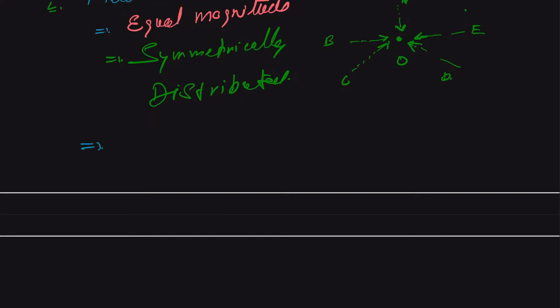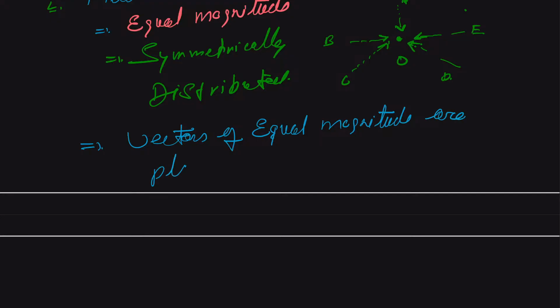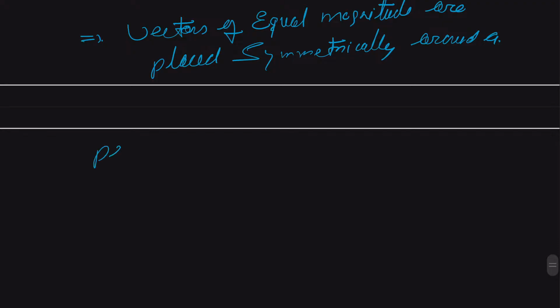So we can say that the vectors of equal magnitude placed symmetrically around a point, their vector sum is 0.